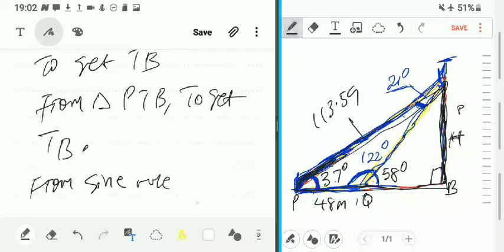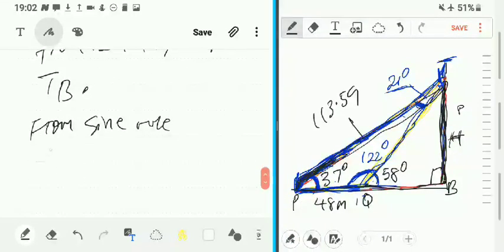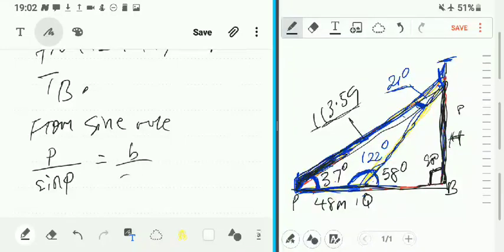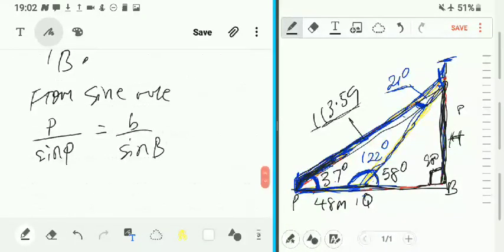P should be in your formula because that's the side we're looking for. So P over sine P is equal to what? Which side is fully given? This side, we know the angle as 90 degrees, and we have the small side as 113.59 meters. So we have b over sine B.